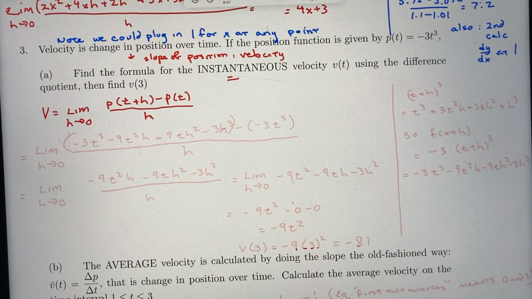So, negative 3t cubed. Okay, let's just go over here and cube out t plus h cubed. Do you remember that from the Pascal triangle? I knew I taught you these things for a reason. Okay.